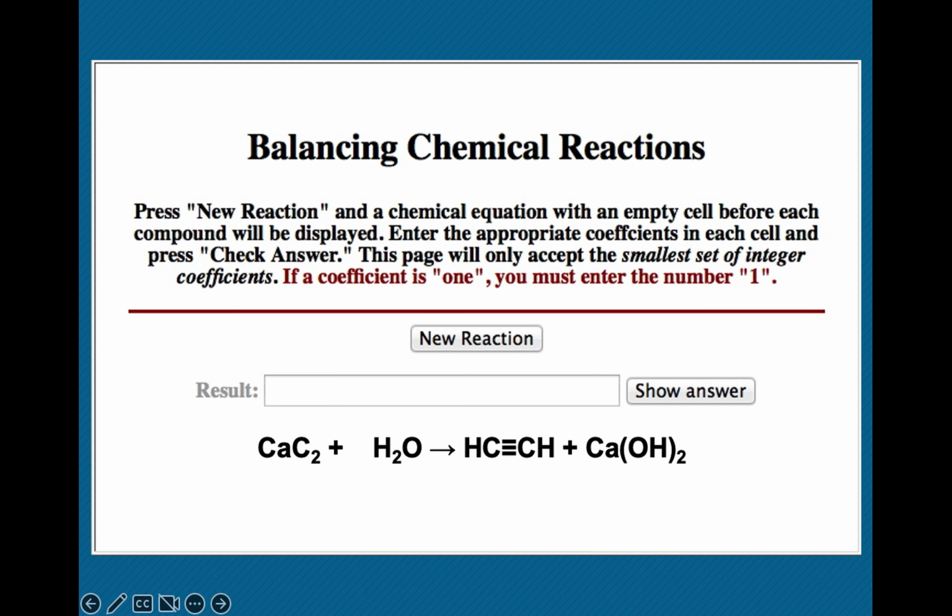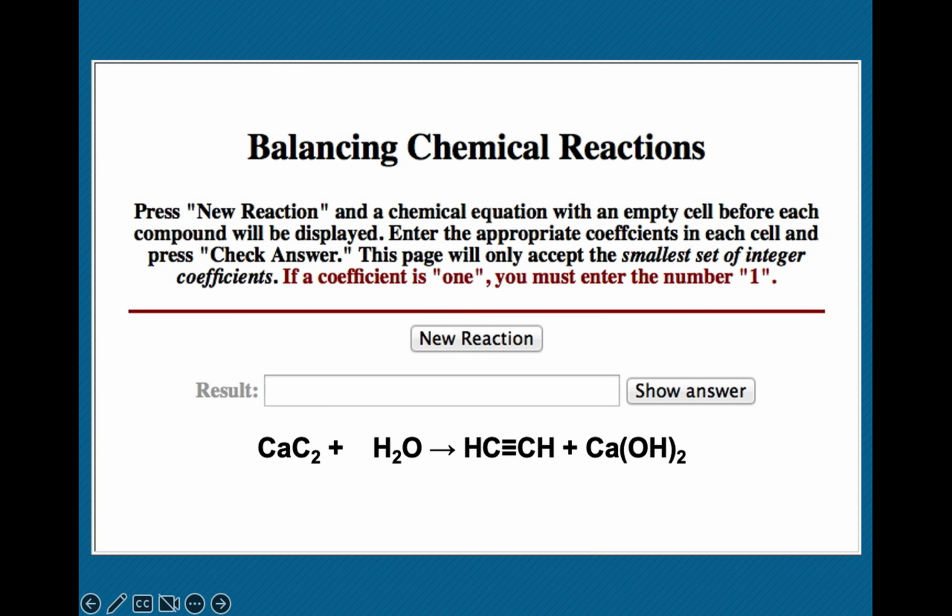There's another one. This is calcium carbide. Calcium carbide is an interesting solid. It reacts with water to form acetylene gas and calcium hydroxide, which is insoluble in water. Well, acetylene, you may know, burns.